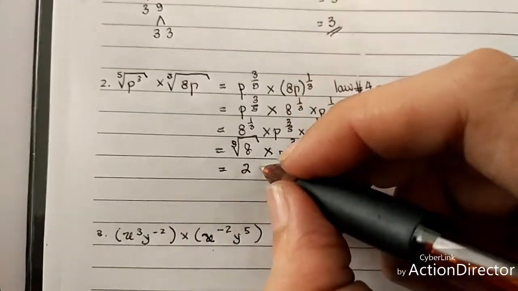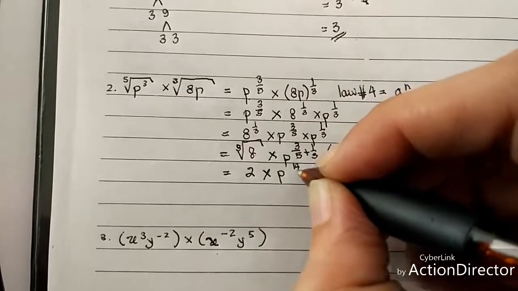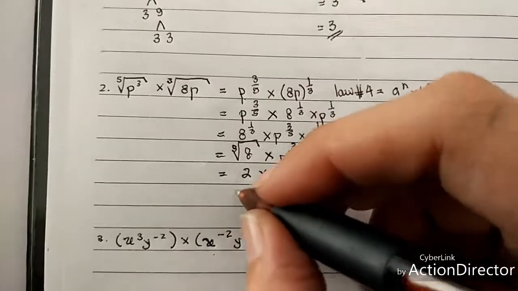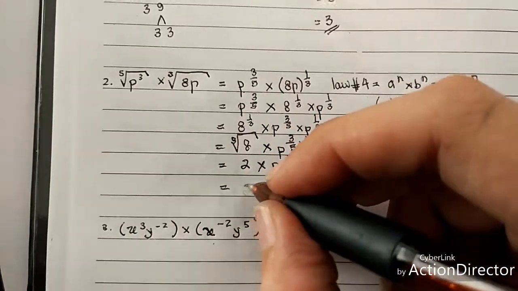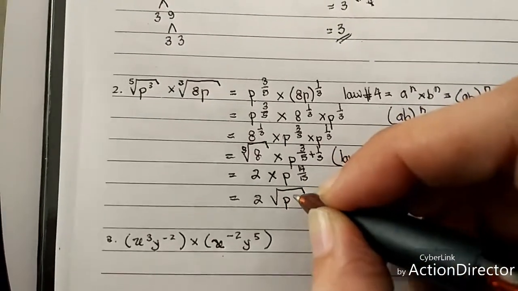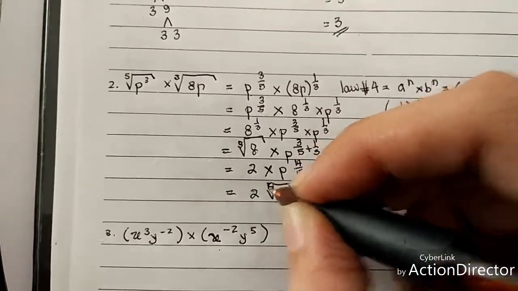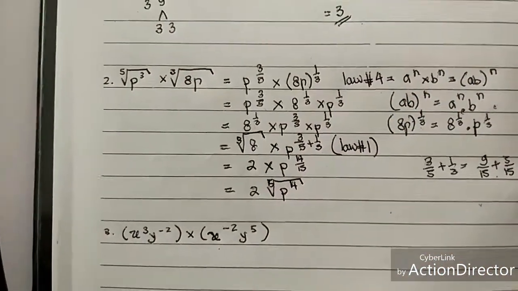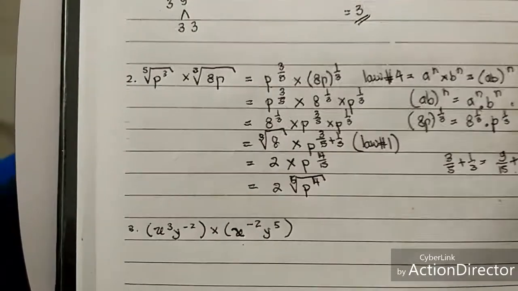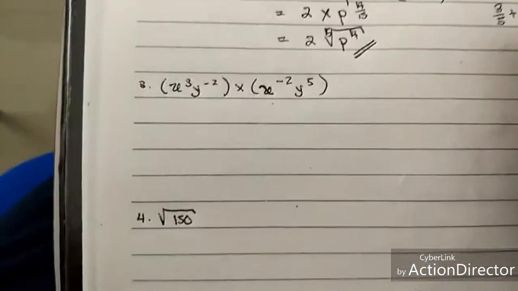So in here it will be p to the power of 14 out of 15, or the answer can look like this: the 15th root of p to the power of 14. That one is the second.